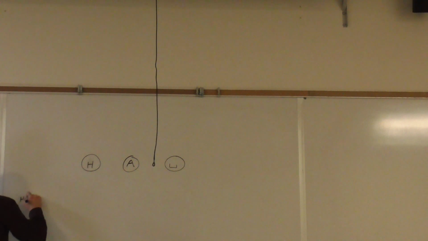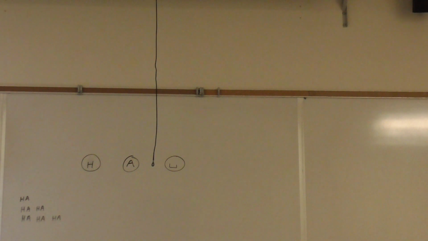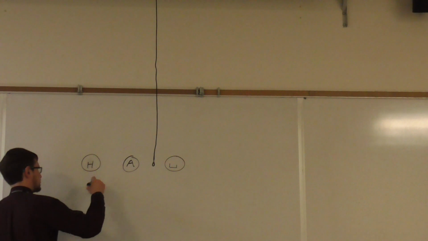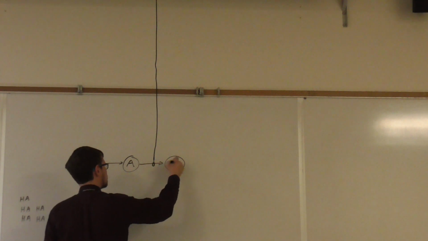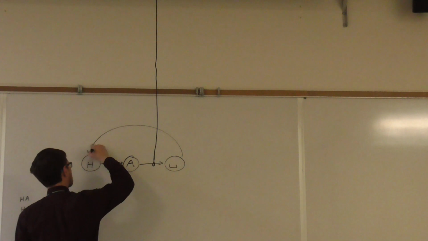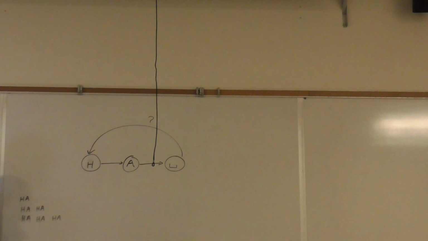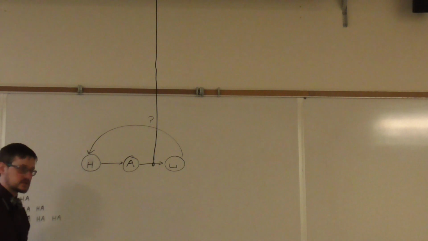Basically, if somebody writes ha ha ha, or ha ha ha, you want to go from H to A to space and then optionally come back again to the front.